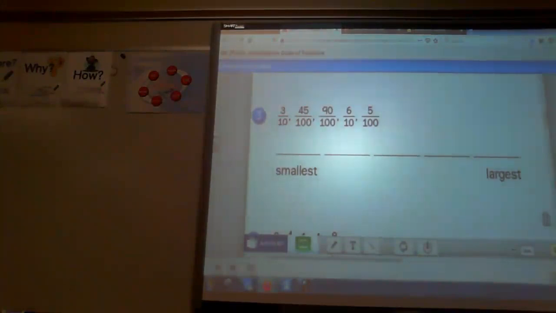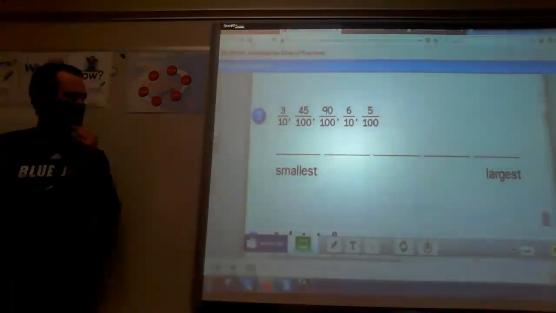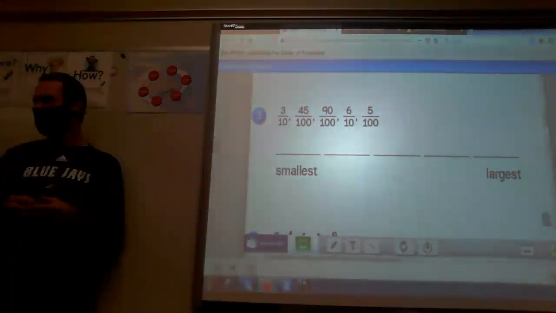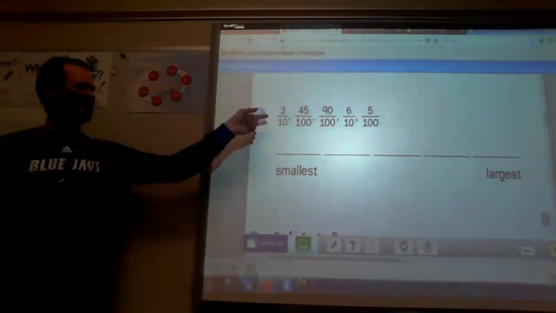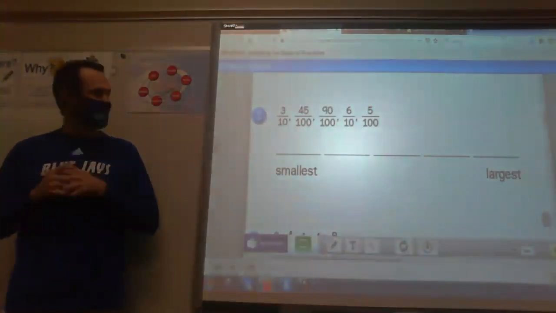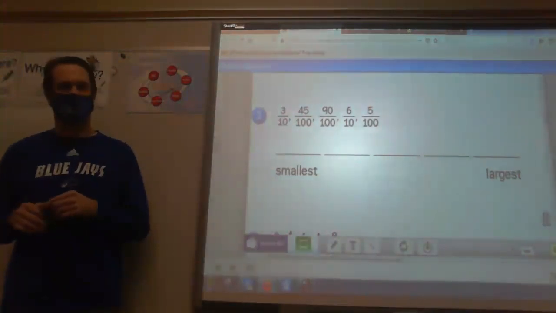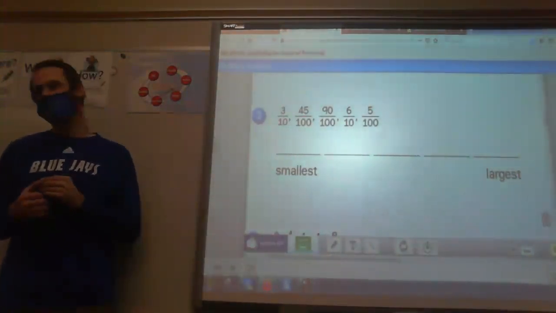Then there are big numbers. Okay, what makes this more challenging than the other ones, Elizabeth? The numerators and denominators. Okay, so we have different numerators and different denominators. We can't just compare the numerators, and we can't just compare the denominators, because 3/10, we're not sure how that compares to 45/100 yet.